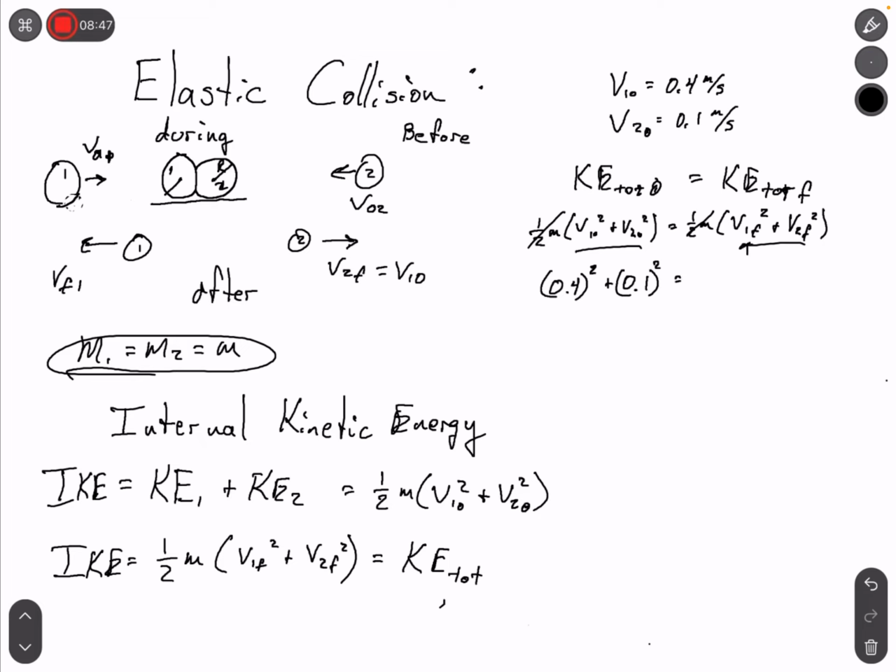And we already figured out what these are, right? So it's obvious: 0.1 squared plus 0.4 squared.